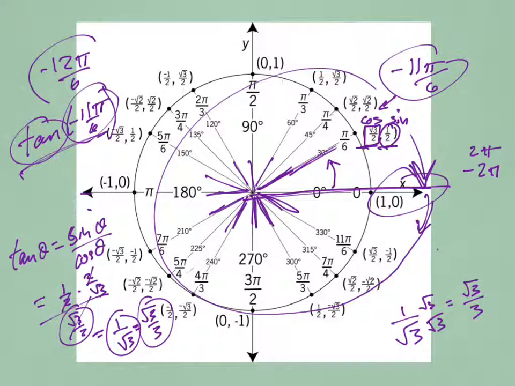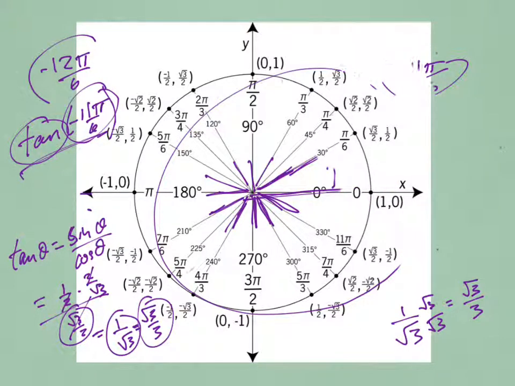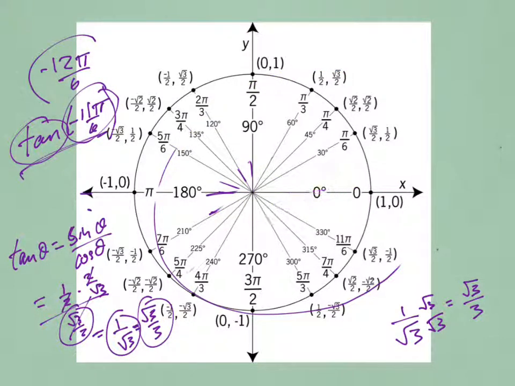So when I write my unit circle, a lot of times, in fact, you probably saw it when I first got to this unit circle page, not only will I write my cosine and my sine, because those are my points, but right next to it, I'll write my tangent. Root 3 over 3. What's my tangent here?